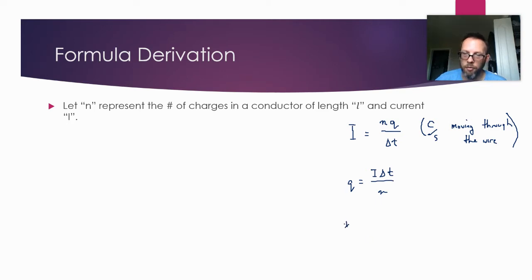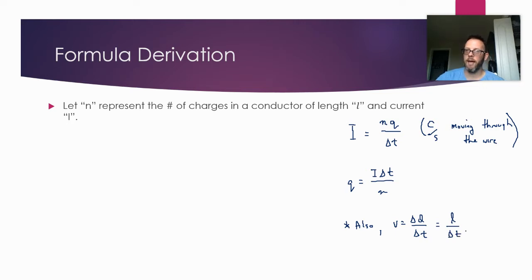We're also going to make use of the fact that speed equals distance over time. According to our setup, the distance those charges travel through the wire is L, the length of the wire.